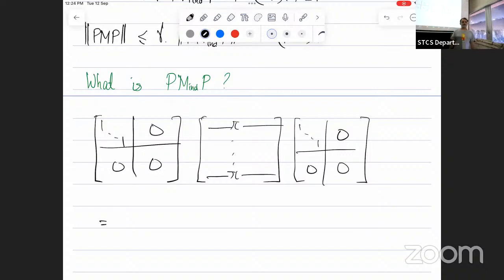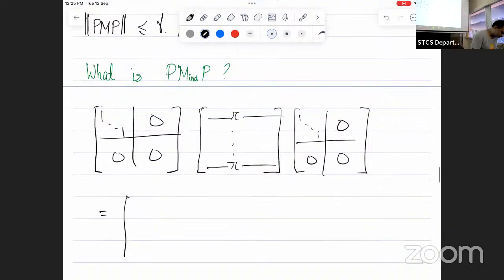The one on the right gets rid of all columns that are not in B, and the one on the left gets rid of all rows that are not in B. So what you end up with is a matrix that is just supported here, with the residual entries that are the coordinates of pi which are in B; those remain. Everything else is completely zeroed out.